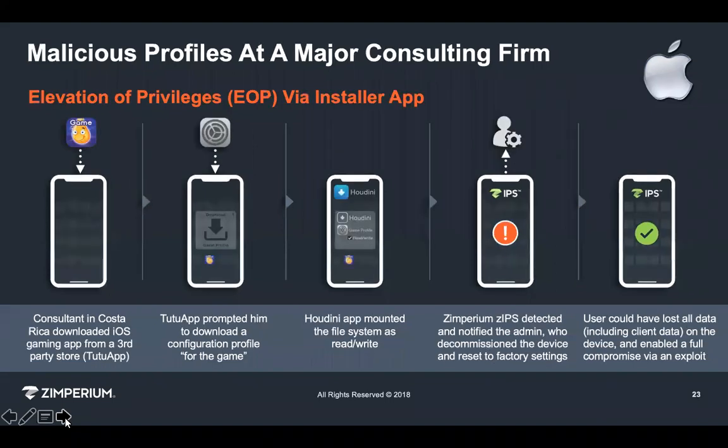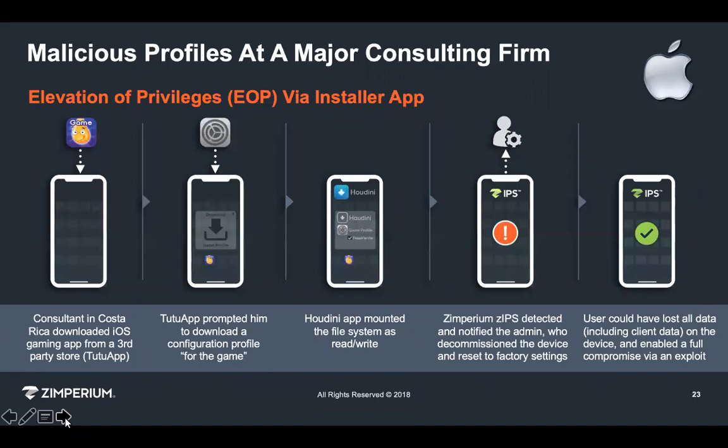Another example, kind of similar to the example I talked about with the bank and Android for work earlier. In this case, there was a consultant down in South America who went to a third-party app store. And you know, people are like, well, you can't get to a third-party app store without jailbreaking your iOS device. Not true. If you go through Safari, you can get to third-party app stores. So in this case, he went there, and he was getting a new game for his iOS.